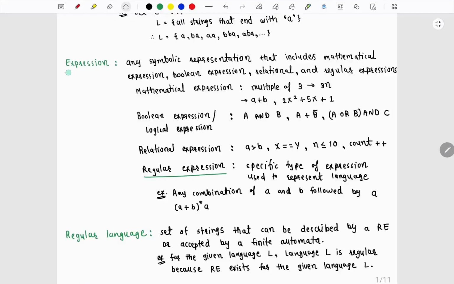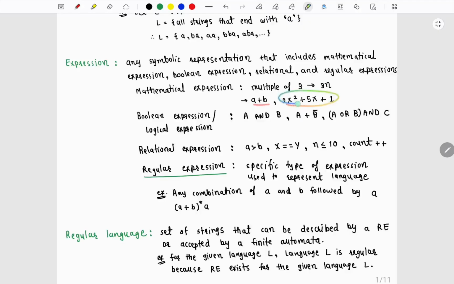Now let's see about expression. There are many types of expression, such as mathematical expression, Boolean expression or logical expression, relational expression and regular expression. This is what mathematical expression. For example, multiple of 3 can be written as 3n, a plus b.